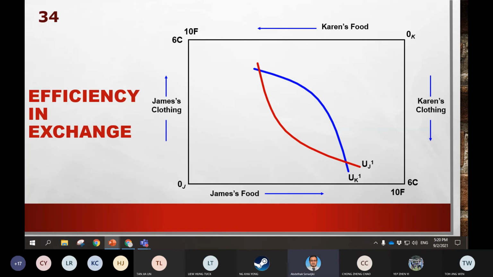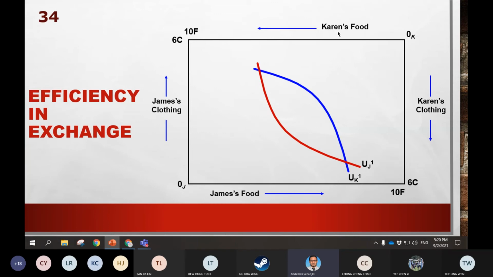Because his allocation is measured from the origin OJ for James, these James indifference curves are drawn in the usual way, this one.